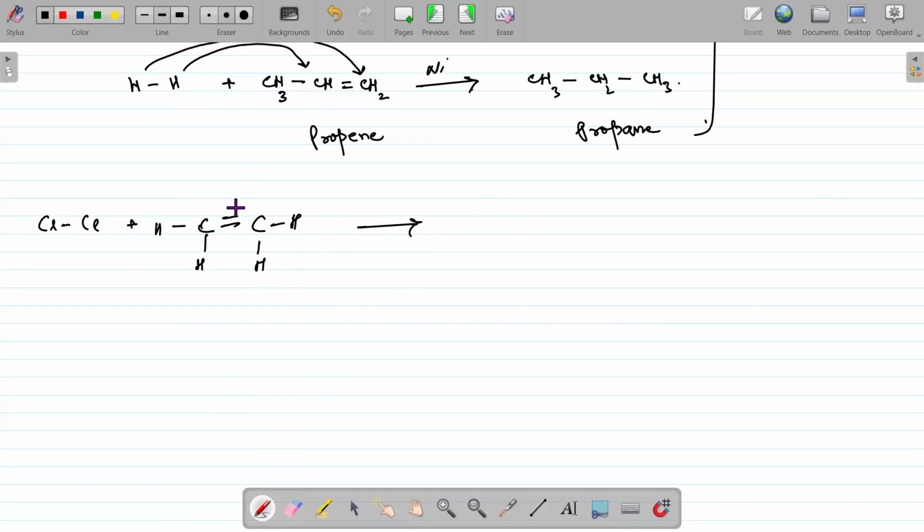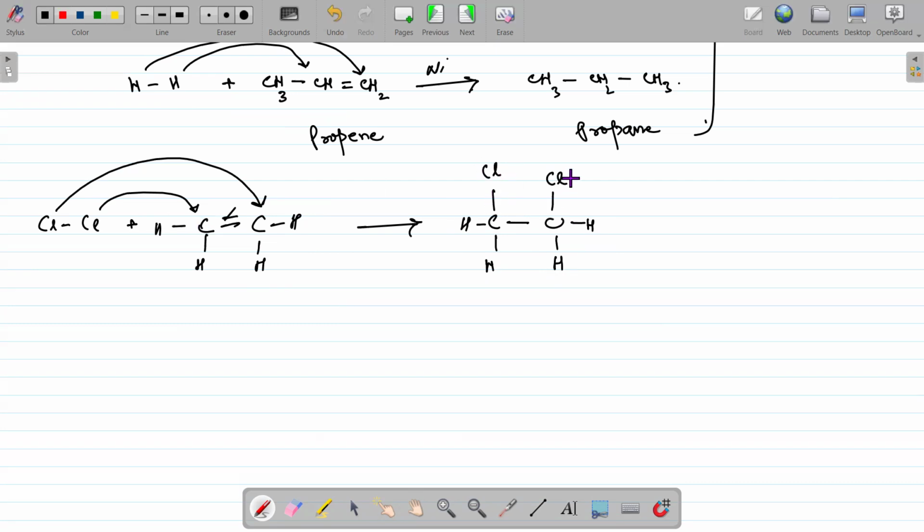One of the bonds will break down, and the chlorine molecules will add on the carbon atoms. So CH2, one of the bonds is broken down, CH2, and a new atom is added on each carbon atom. It's a new compound which is formed by the addition of chlorine.